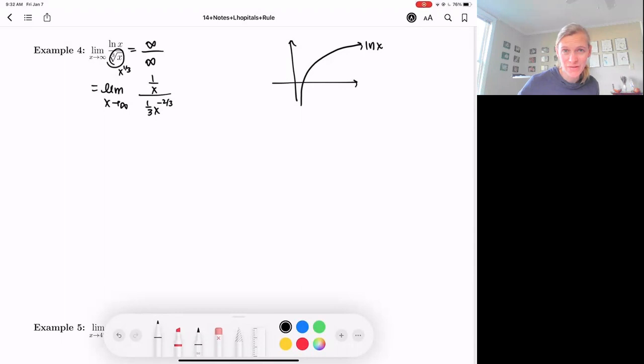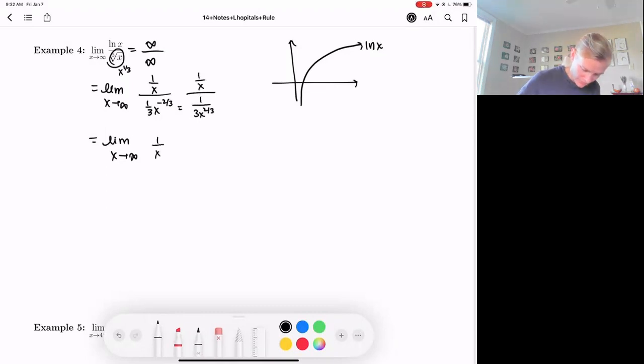This looks super messy, so I'm going to simplify things before I plug infinity in. So this will be the limit as x approaches infinity. I've got a fraction over a fraction here. This we could write as 1 over 3x to the 2/3, all over 1 over x.